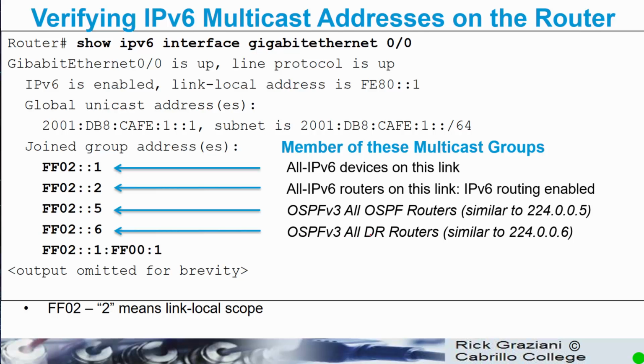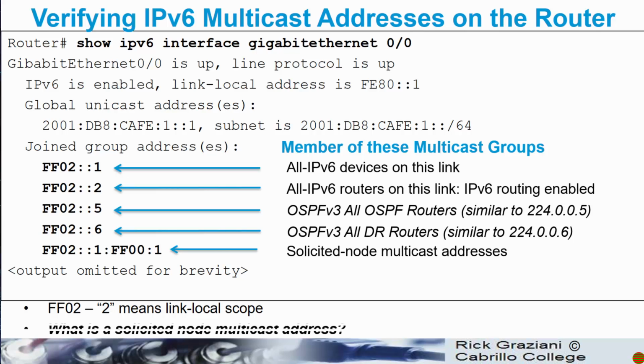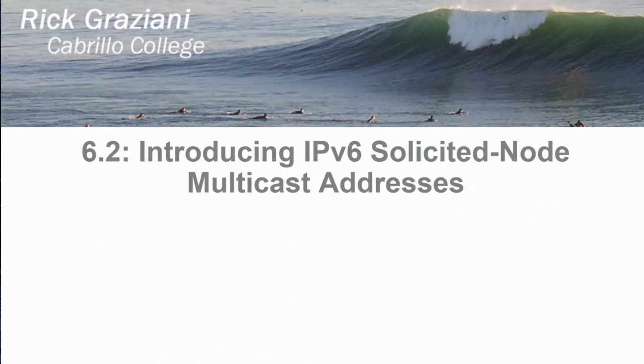OSPF version 3, that DR router. And solicited nodes, we're going to be talking about that coming up shortly. So what is a solicited node in multicast? That is a big thing. We have our entire next section of this chapter dedicated to just that.